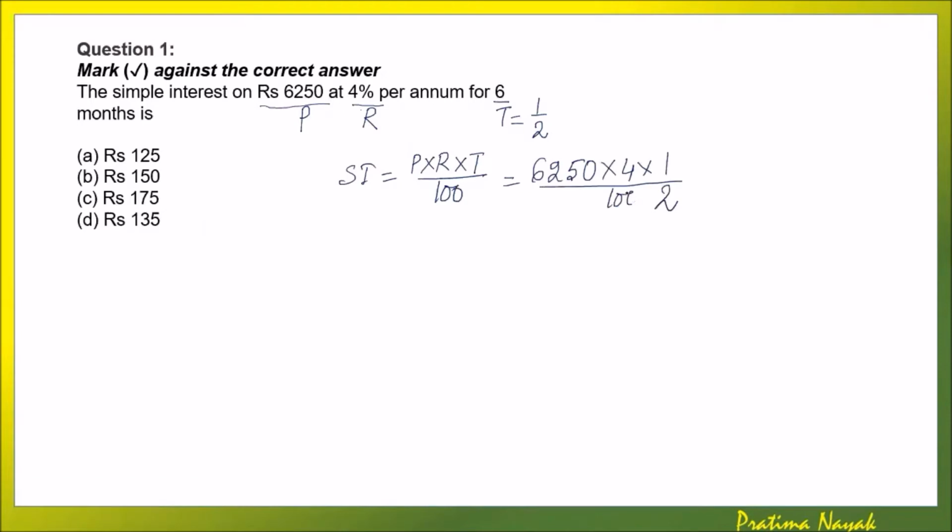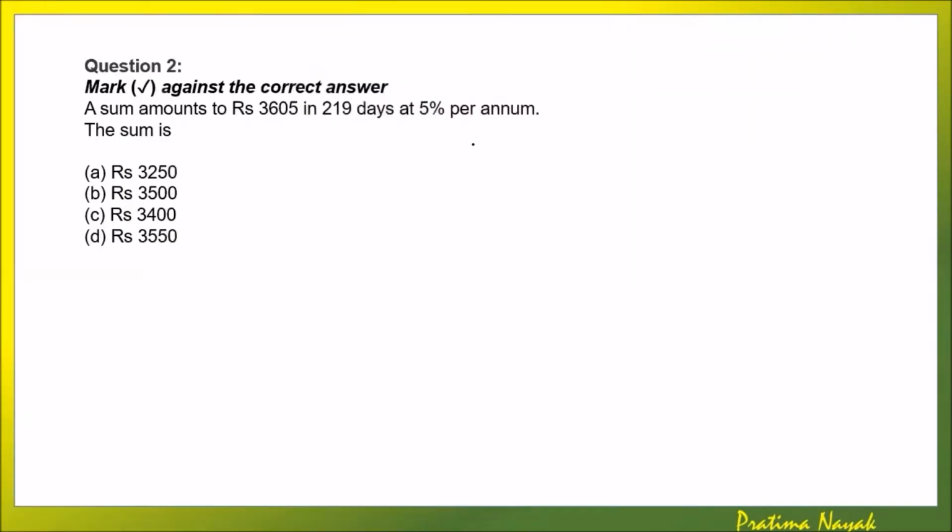So we will cancel the zeros, 2 cancels with 2, and 5 cancels with 5. 125 is the answer. Rupees 125. Where is the answer? Answer is this.